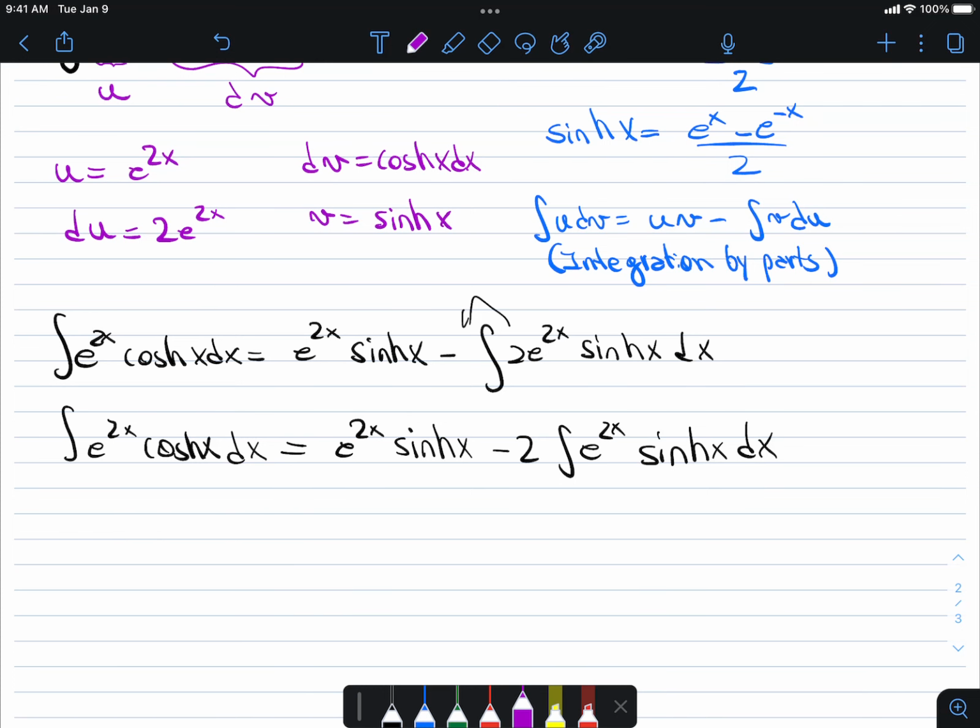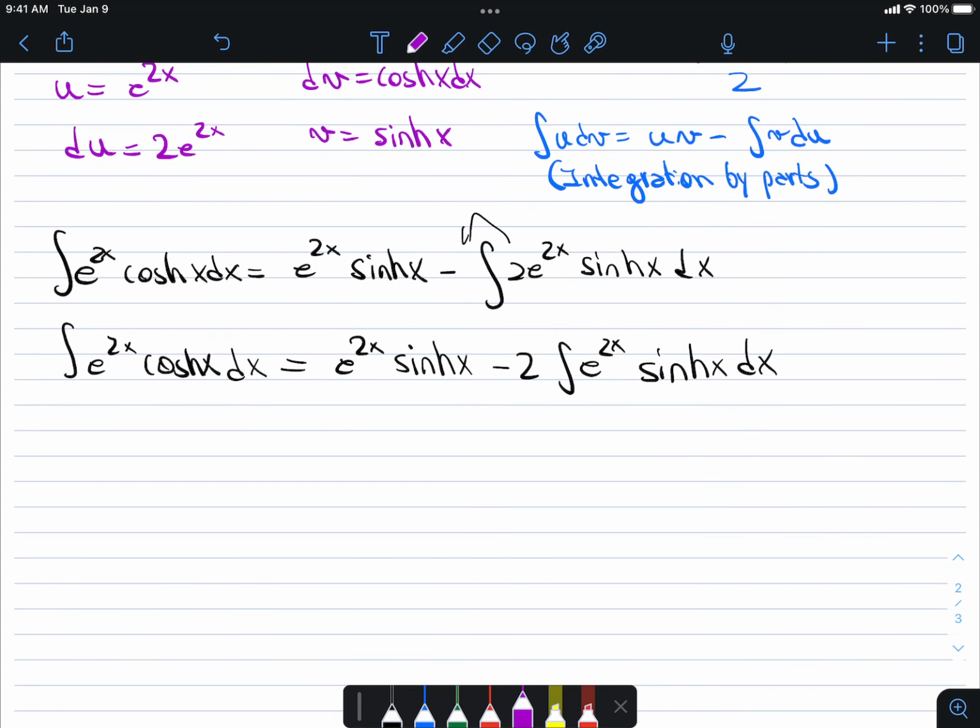So I will repeat my thought process and say that this is u and this is dv. When u equals e to the 2x, the derivative is 2e to the 2x, and when dv is sine hyperbolic dx, then v is the antiderivative, which is cosine hyperbolic. That's all the information you need about these two.